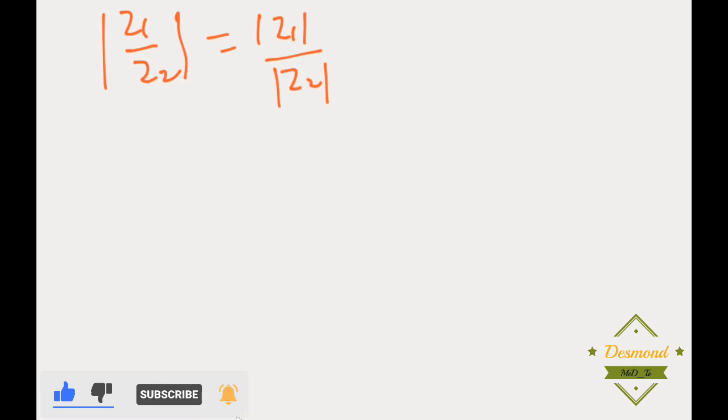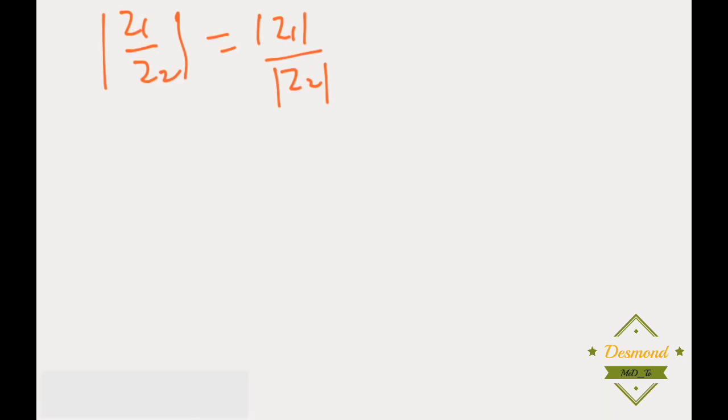So when you're asked to find the conjugate of the division of two complex numbers, you can first find the conjugate of each of the complex numbers, then you divide. It's the same thing. You can also find the division of the two complex numbers, then find the conjugate. It is also the same thing. Anyhow you do it, that's what this property is saying.